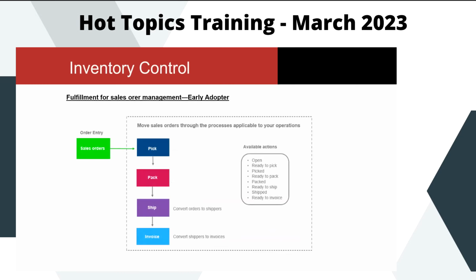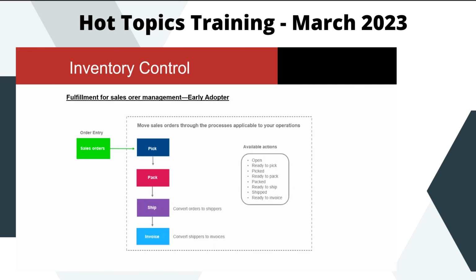Another thing that has been introduced is the fulfillment of sales in your inventory control. And this fulfillment is under the early adopter program in 2022 release 2, and it will continue to be available under that early adopter program within this release.